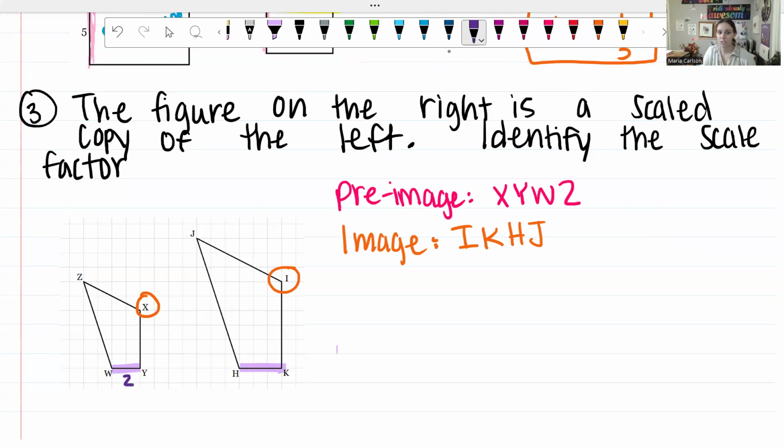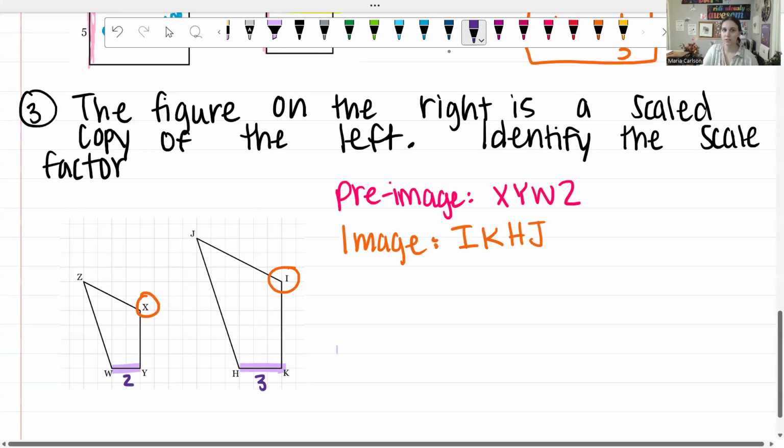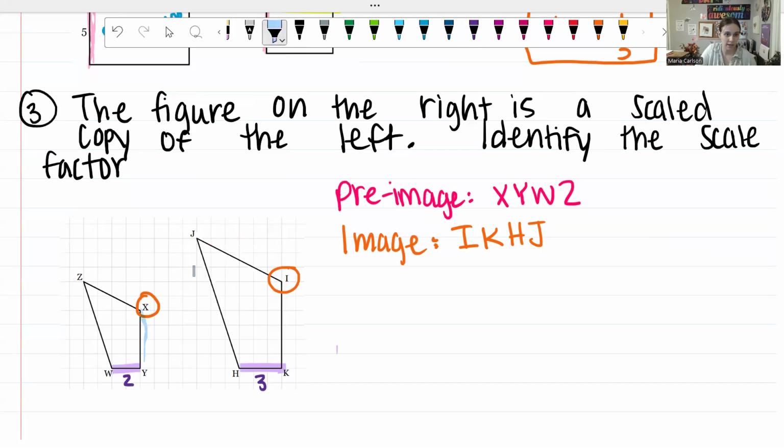And then that corresponds to HK, which is 3. I also could use the sides XY and IK. XY is 1, 2, 3, 4 units long, and IK is 1, 2, 3, 4, 5, 6 units long.